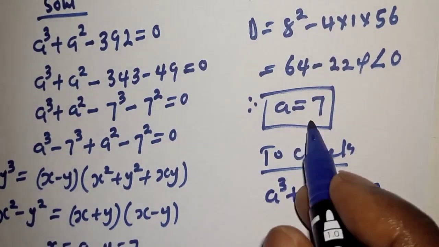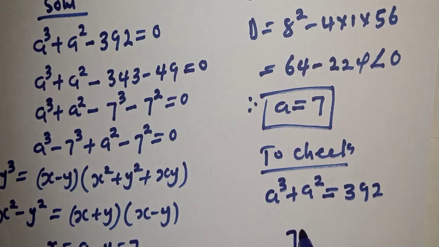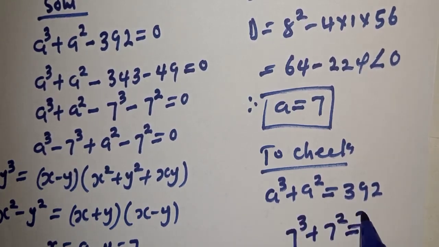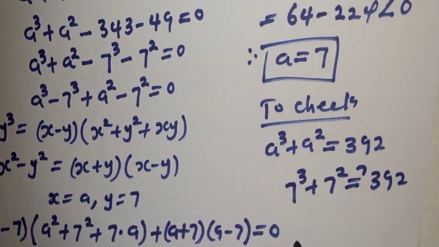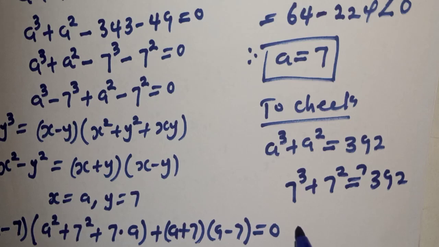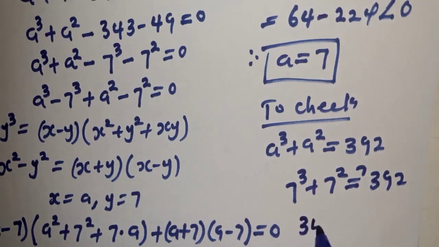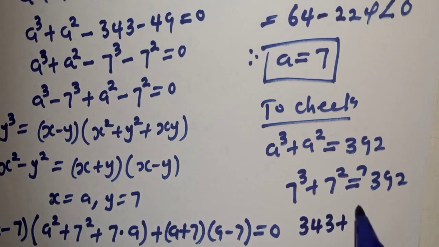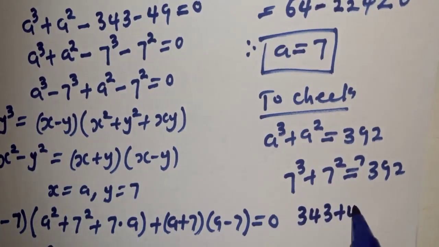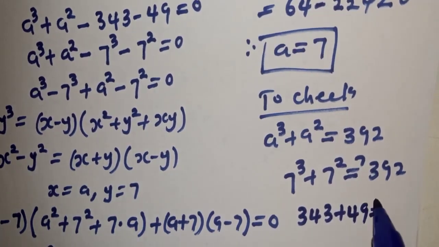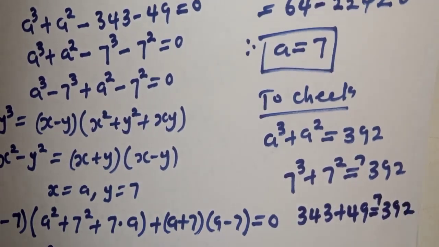Now, when a is 7, this is 7 raised to power 3 plus 7 square must be equal to 392. Now, 7 raised to power 3 is 343 plus 7 square is 49 must be equal to 392.